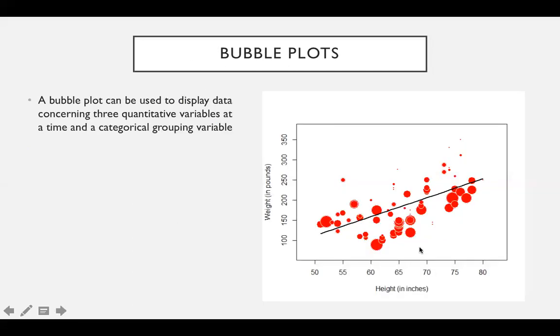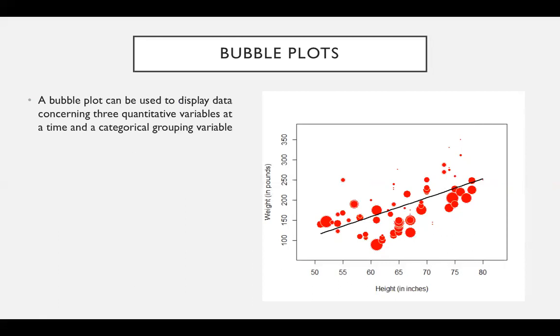So bubble plots, you may see them. They're very fun. They can be used to display data concerning 3 quantitative variables at a time and a categorical grouping variable. So this chart, I think it shows days going to the gym. That's what is represented by the bubbles here.